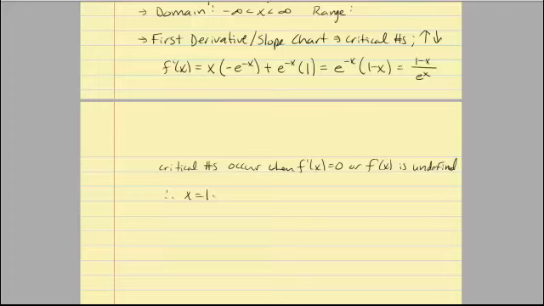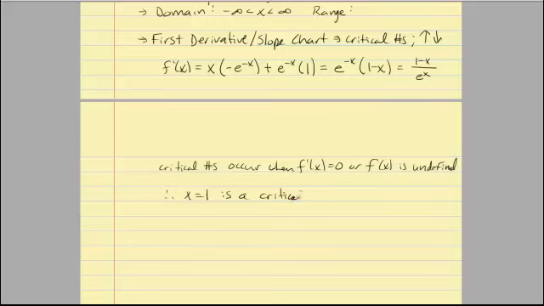And there's no value that I can plug into the denominator to make the denominator equal to 0, to make the fraction undefined. So e to the x, remember the graph of e to the x, it never crosses the x-axis, so it can never be equal to 0, so it can never be undefined. So x equal 1 is a critical number.